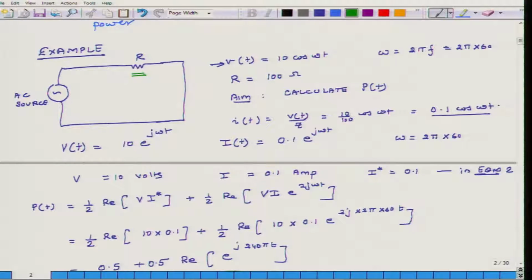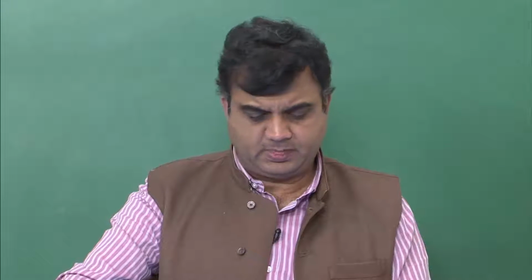In the next example, we will develop an expression for power which has an inductive component and also a resistive component, and then we will compare the results for a system which is purely resistive and a system which also has an inductive component. That particular example we are going to do in the next class, and that pretty much completes our discussion for today.